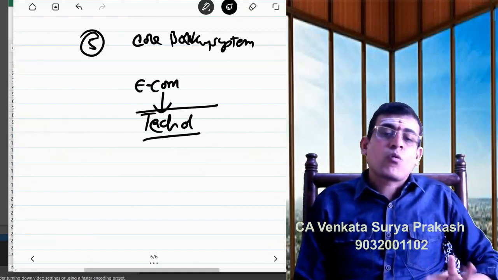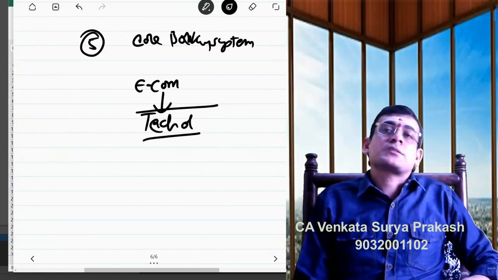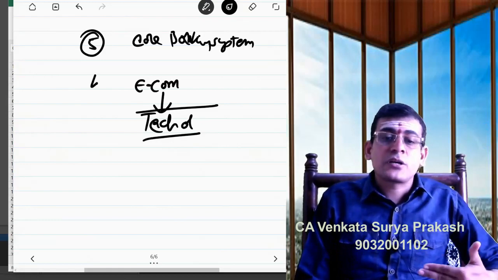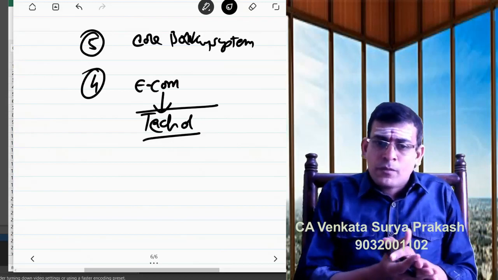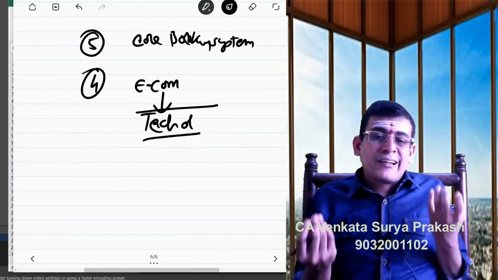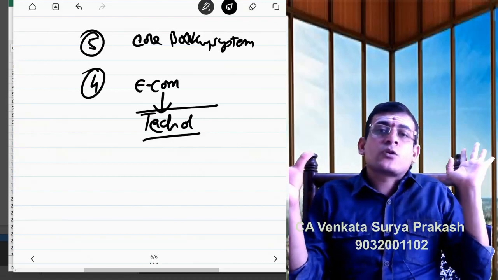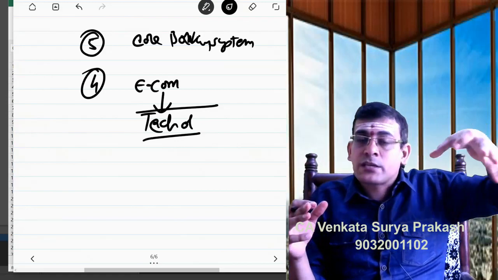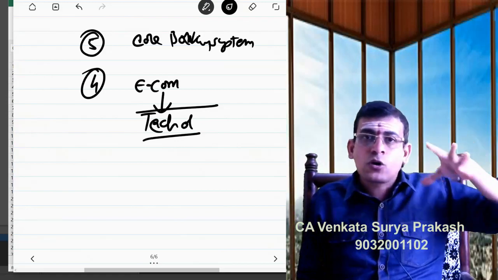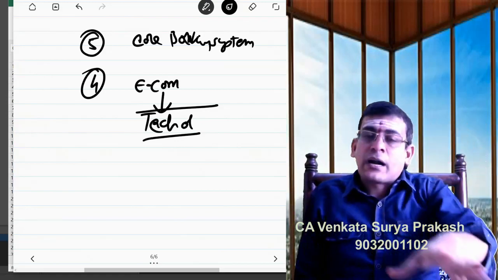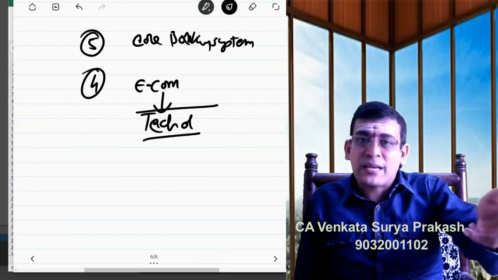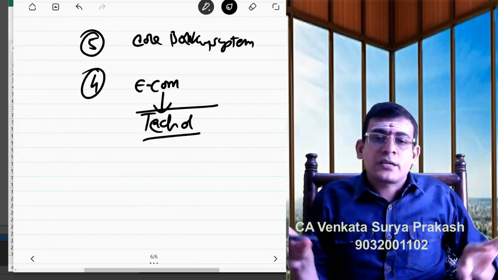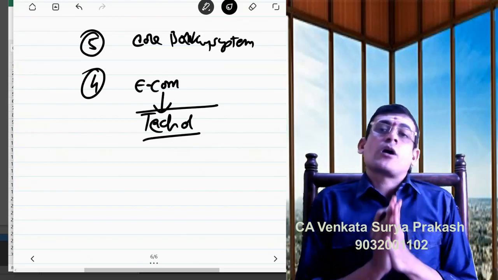That is our other chapter, chapter number 4, which we'll discuss. We'll take the example of Amazon and Flipkart. We'll discuss practical scenarios: how the e-commerce business of Amazon operates, how Flipkart operates, and how Big Basket operates. All these show how e-commerce businesses operate.